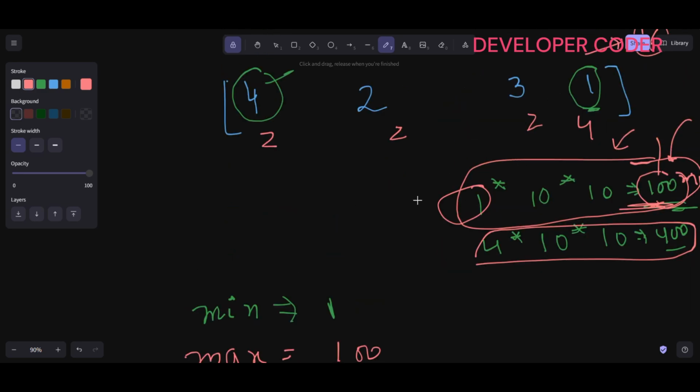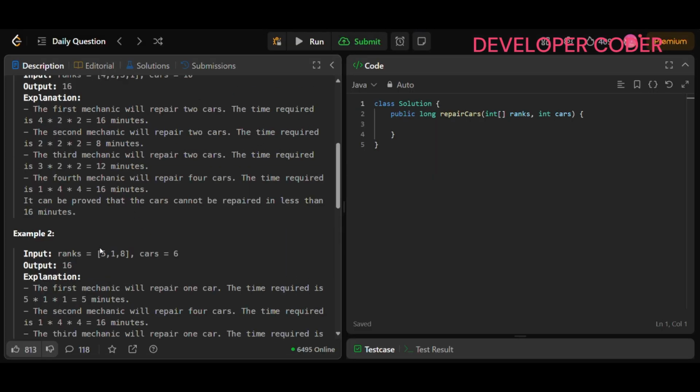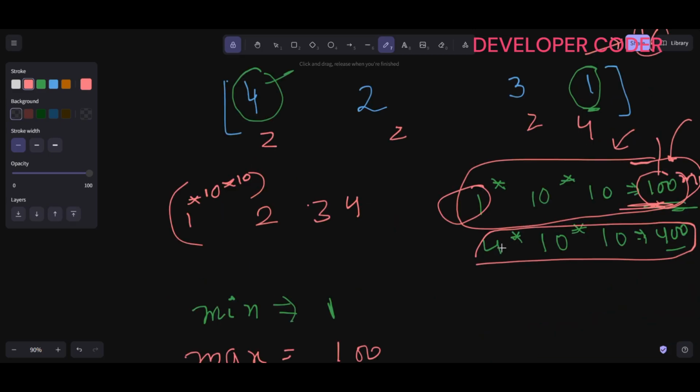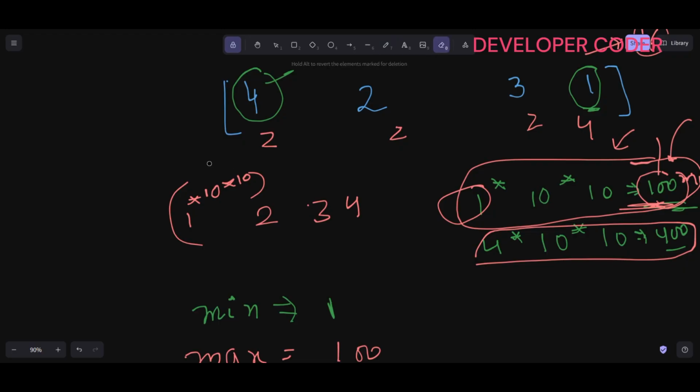One more thing you can do: your array is not sorted, so you can sort it. Once you sort, you will get 1 2 3 4, and then you apply rank into number of cars into number of cars, 100. This is one way, or if you don't want to sort the array, that is also fine.